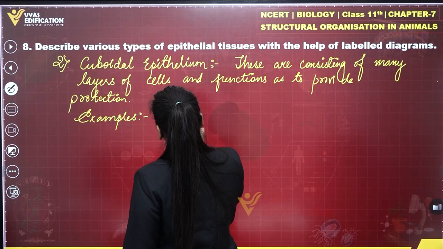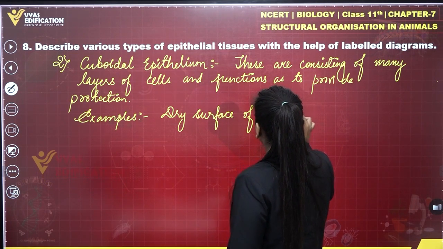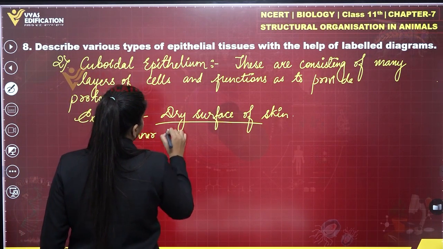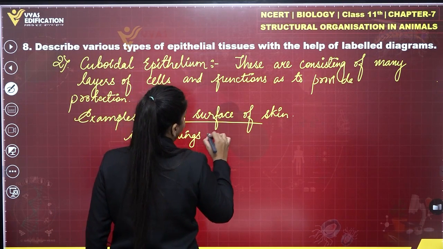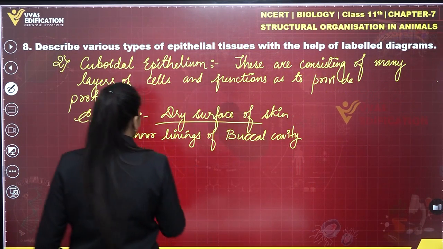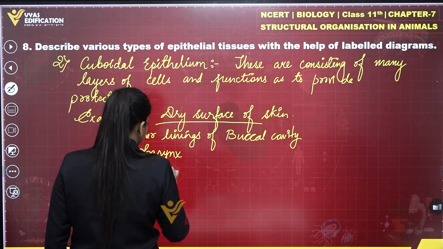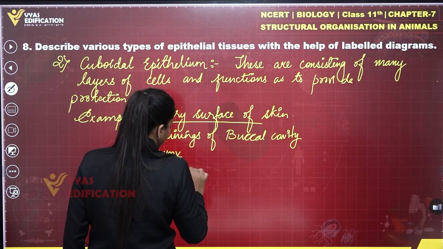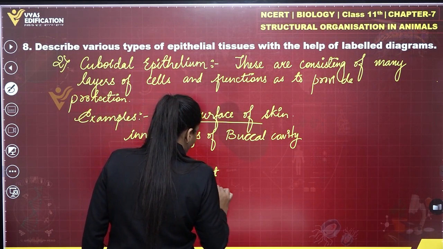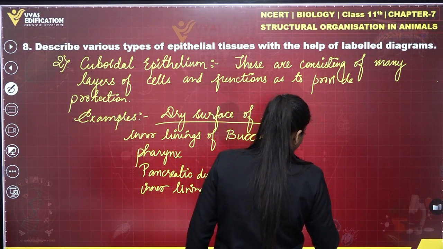So the dry surface of skin, you will find here this epithelium on the dry surface of skin, along with the inner linings of buccal cavity, then pharynx, pancreatic duct, and inner lining of the ducts of salivary gland.